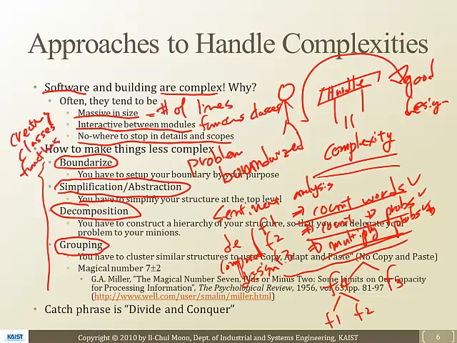What I want to teach here is why you want to do that, why you want to create classes and functions: to make things more boundarized, simplified, decomposed, and grouped. These are all the reasons why I'm teaching you how to program things as functions and as classes, right?